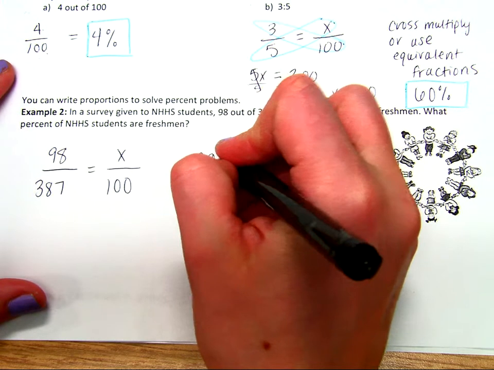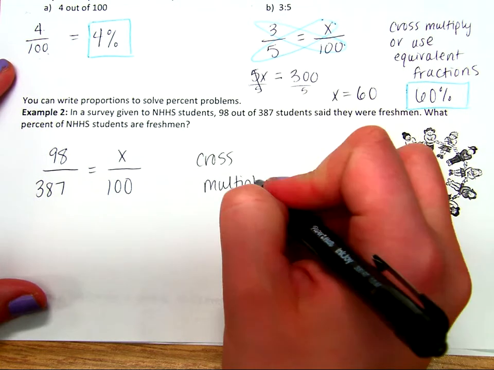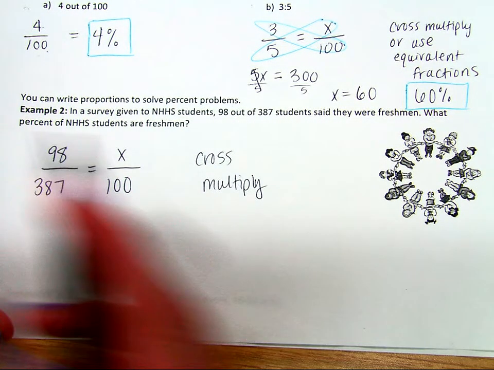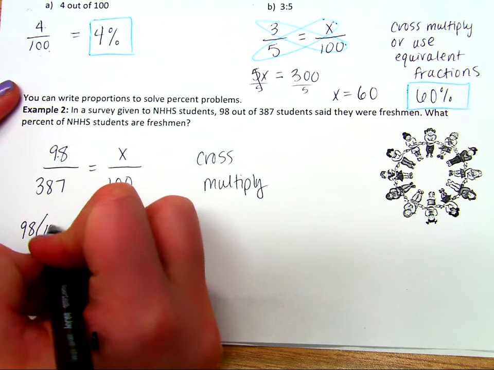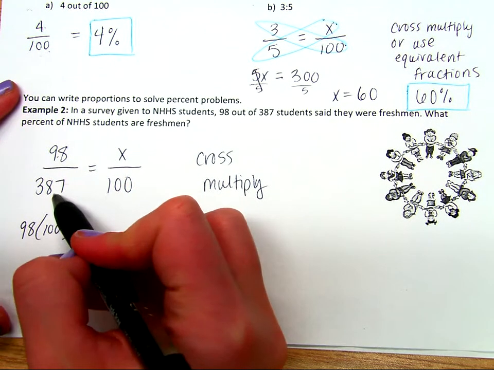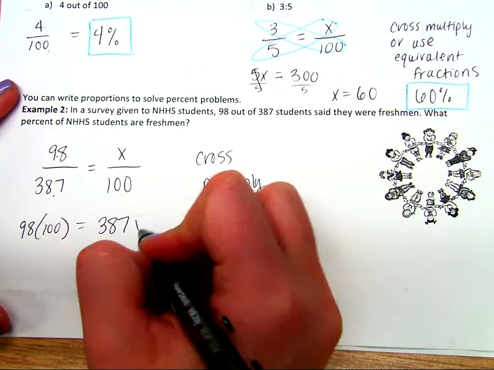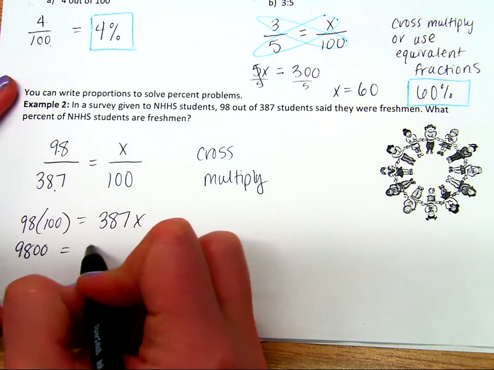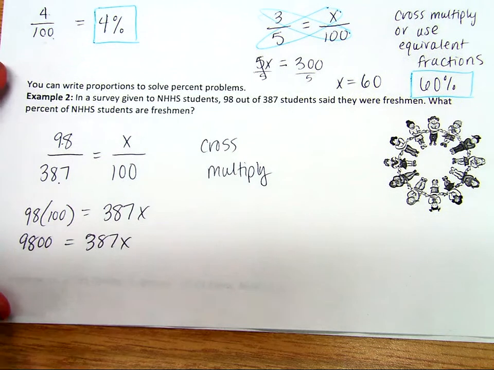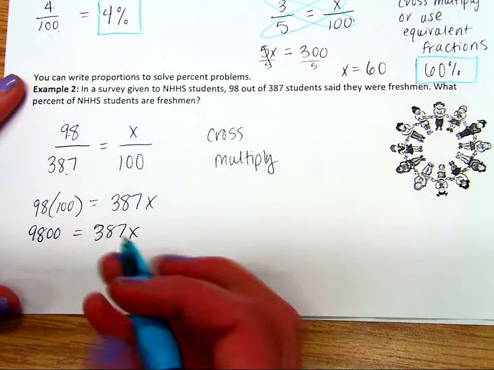I'm going to go ahead and cross multiply here, and I'll be able to figure out my number over 100, which is my percent. So 98 times 100 should equal 387 times x. I'm just doing my diagonal cross products. This gives me 9,800. Now I need to divide both sides by 387 to get x by itself.